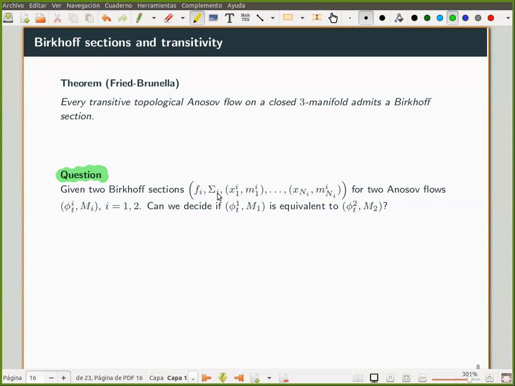That is the data of a compact surface, a pseudo-Anosov homeomorphism, and some finite set of periodic orbits that we will use to blow up, and some finite set of integers associated with the embedding on the boundary. So consider we have two Birkhoff sections associated with two abstract Anosov flows. Can we decide if these flows are orbitally equivalent just by looking at the information on the Birkhoff section?